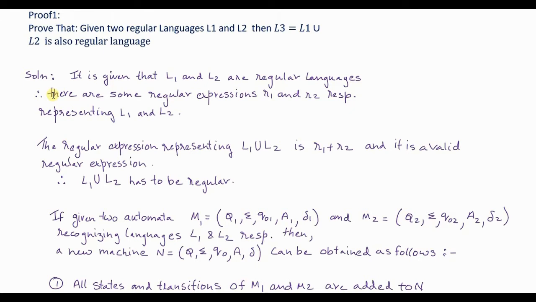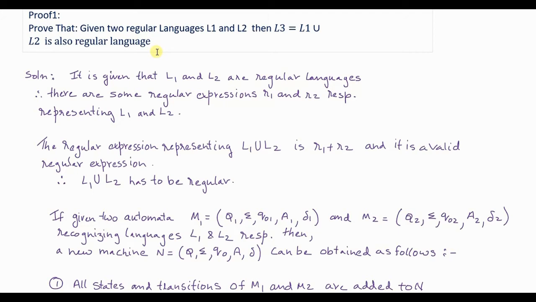So this proof we are going to carry out using two things. First, we will show that for the given languages L1, L2, the union L1 union L2 has a regular expression. Once we show that for L1 union L2 there is a regular expression, we can easily say that any language that has a regular expression has to be a regular language.